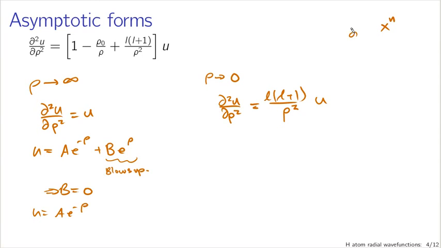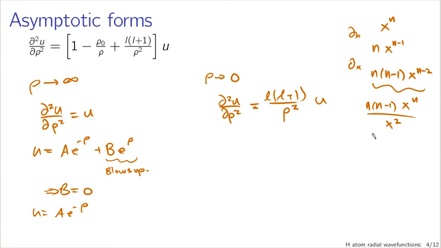If I differentiate this with respect to x, I'll get n x to the n minus 1. If I differentiate again, I'll get n times n minus 1 times x to the n minus 2. And I can, of course, rewrite this as n times n minus 1, x to the n, all divided by x squared. So this is the sort of behavior you would expect from a polynomial.